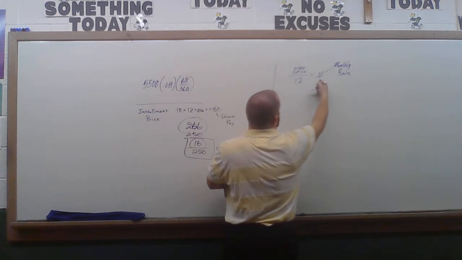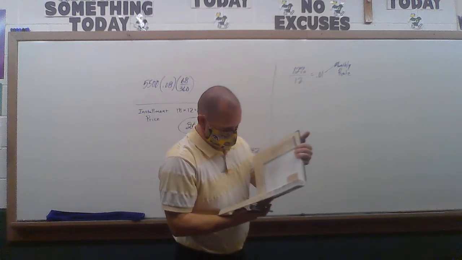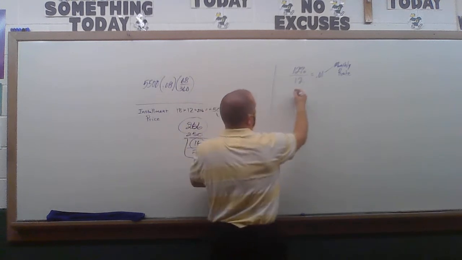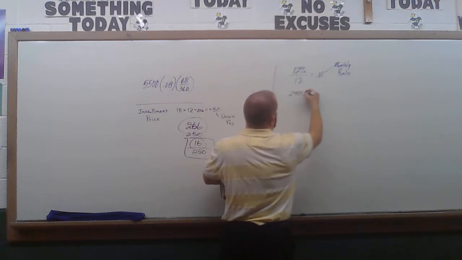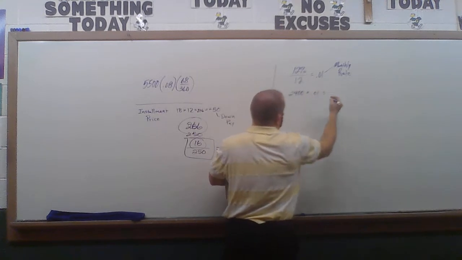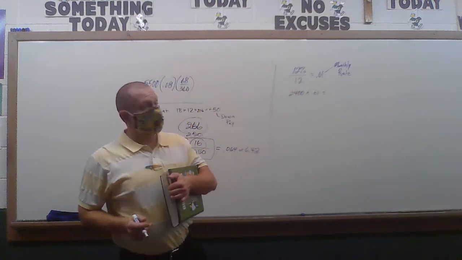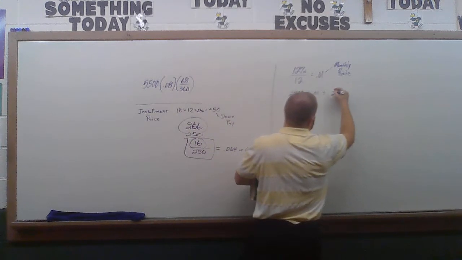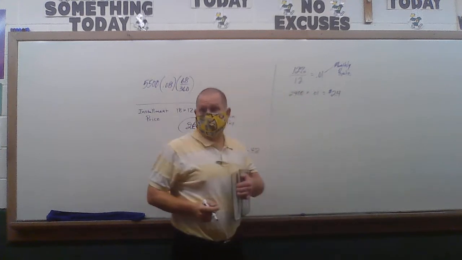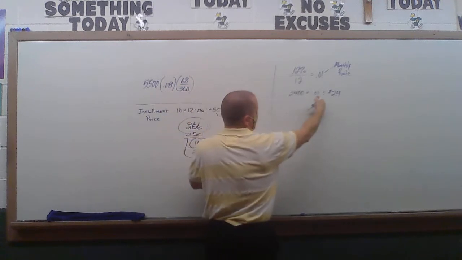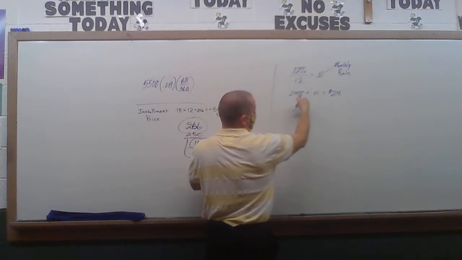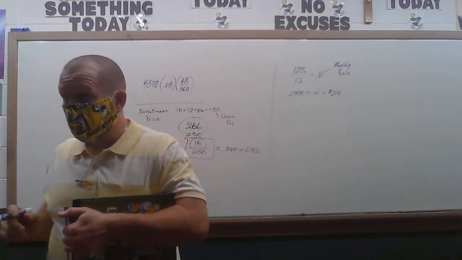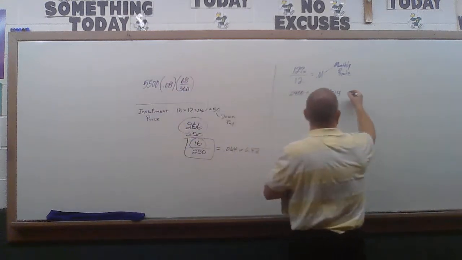Take your 2,400 times 0.01, and we get $24. Everybody right? Basically, 2 decimal places, just move it 1, 2. So $24 is my interest.